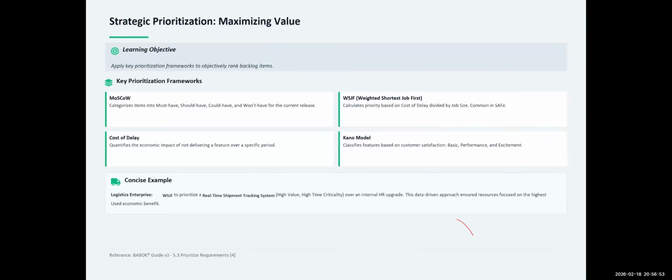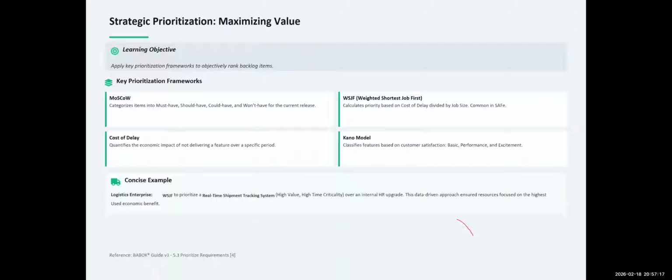Could have is also important, but not as important as should have, right? And then won't have, features that are not even necessary. Maybe they're just to make it fancy, just to beautify the product. Those things are maybe colors and all of that, right?